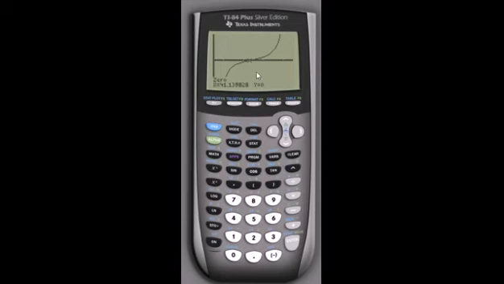Now, looking at that, it looks like it's negative on the left-hand side and positive on the right-hand side. We should just check with the trace function. So we're at 40. You can see that dL by d theta is negative as we go to the left-hand side of that 0, and it is positive as we go to the right-hand side.